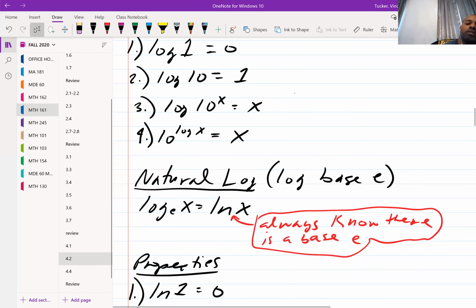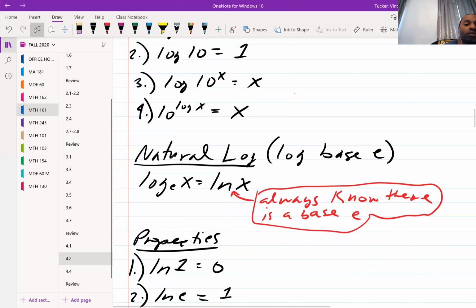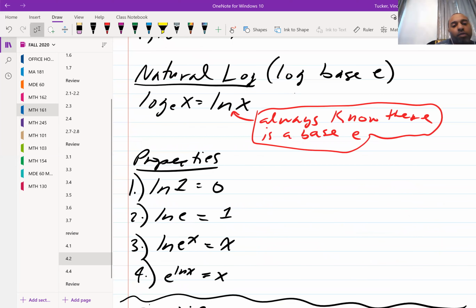All right. So then those four properties apply to the natural log. Ln of 1 is equal to 0. Ln of e is equal to 1.